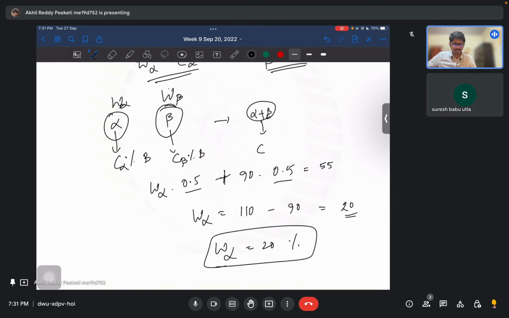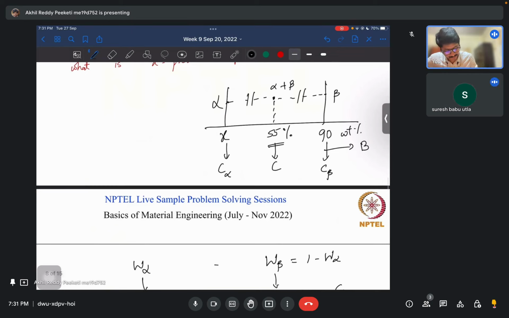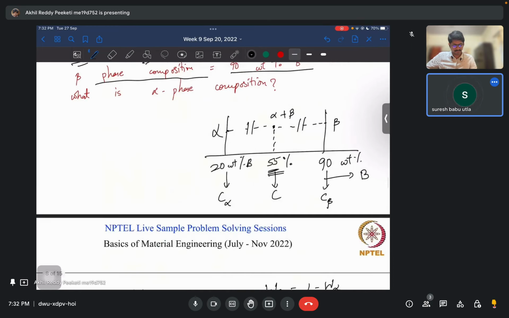If and only if you have this point as 20 weight%, then an equal mixture of alpha and beta phase will give you 55 weight% total. I hope this is clear.